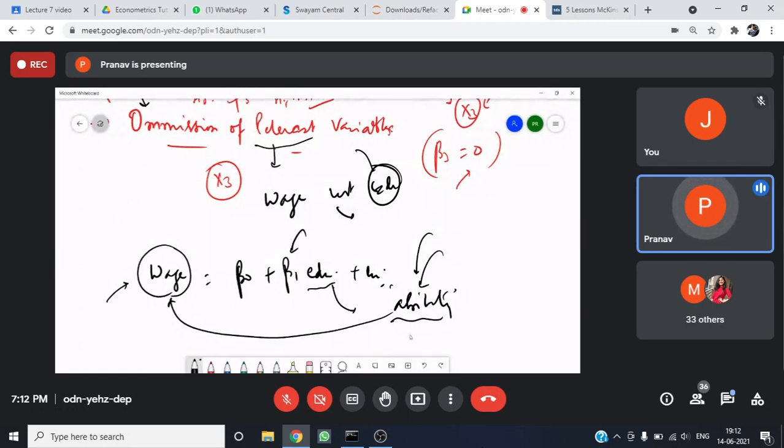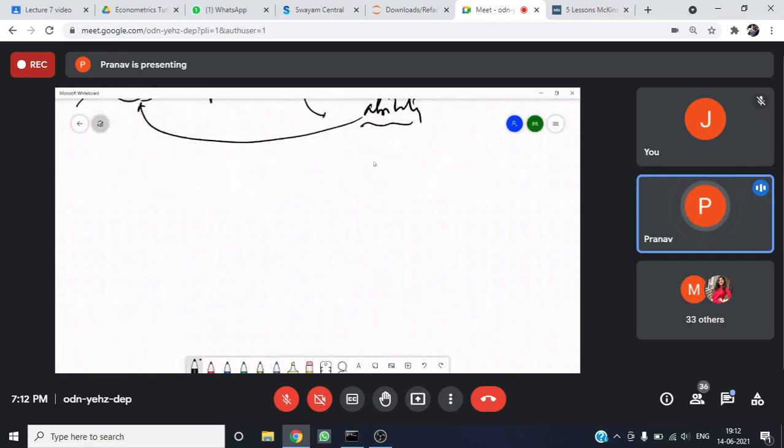So let us just try to build this theoretically and have a numerical example, and then we go and run an R command on this, which is the problem of omitted variables.